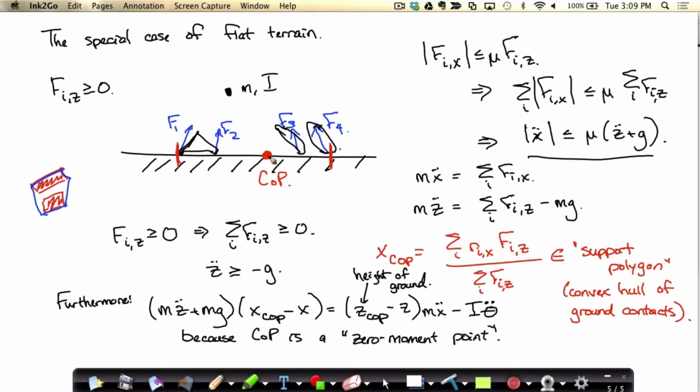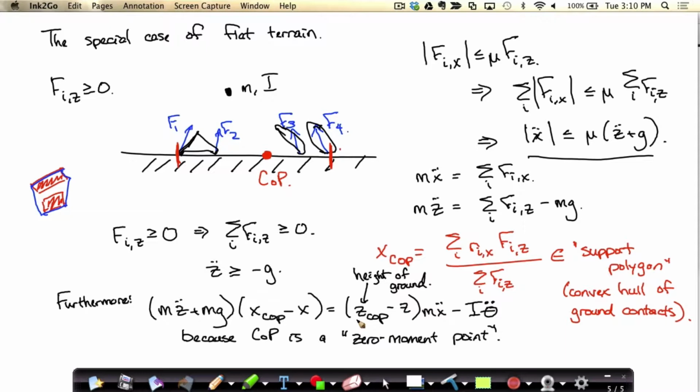Okay, so this is a magical equation. It says that there's no moment. My forces can be summarized by a vector that has no moment around this point. But the implications are what I want you to understand: somehow the dynamics of my center of mass and my inertia are inextricably linked with the location of my center of pressure.